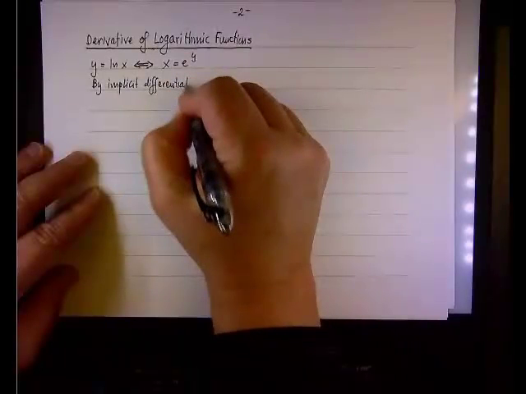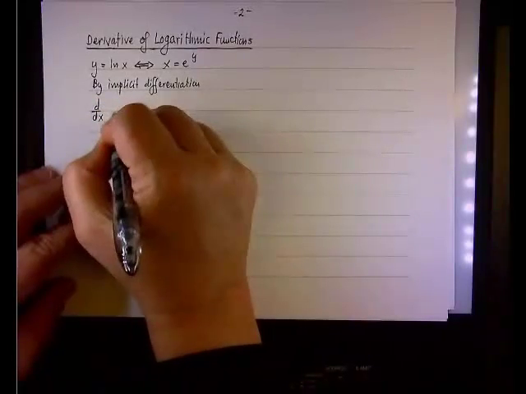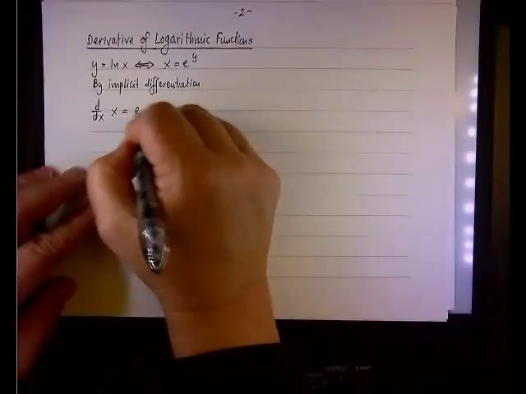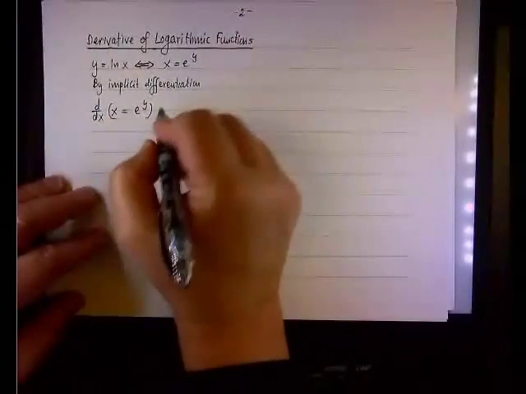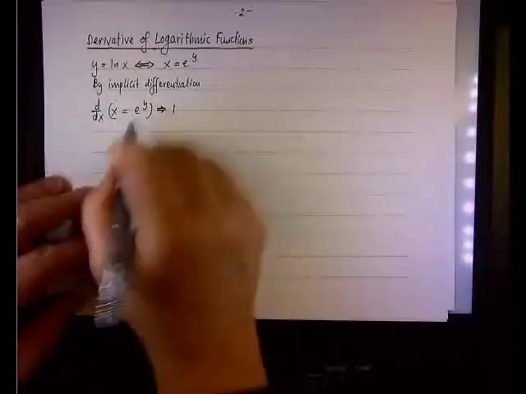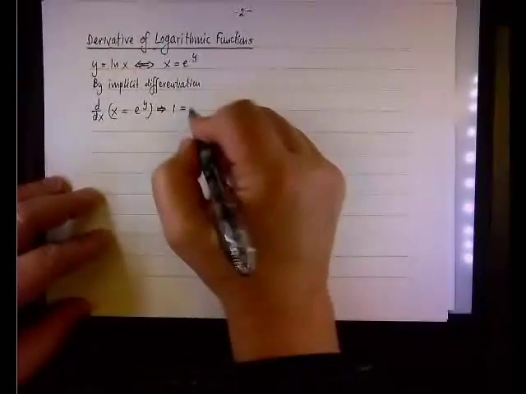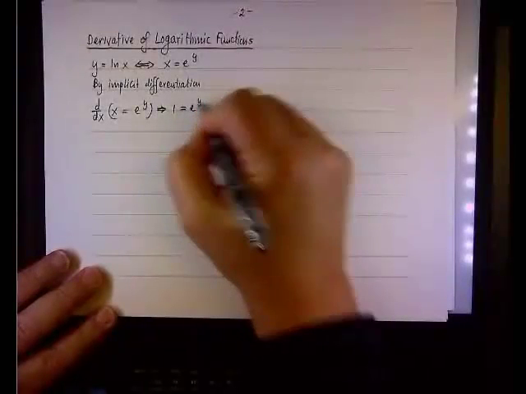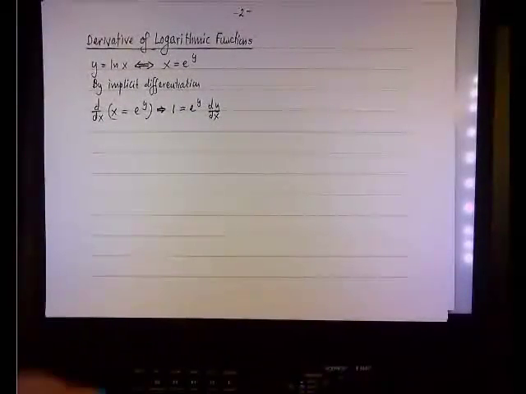If we take d/dx of x on the left side, equal to the derivative on the right side, we get 1, the derivative of x, equals the derivative of e to the y. If we derive it with respect to y, it's simply e to the y, and then we have the derivative of y with respect to x, so dy/dx.